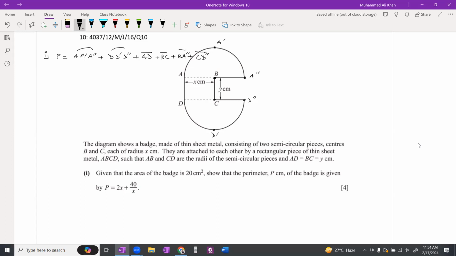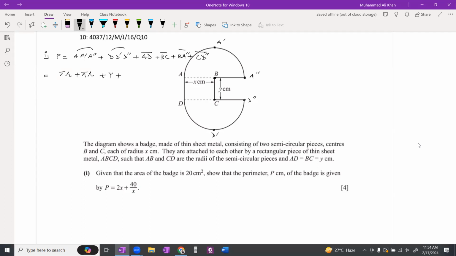So now, for the semicircle, perimeter will be 2 pi r divided by 2. It is pi r, but we have two semicircles. So 2 pi r divided by 2 is pi r for the first, 2 pi r divided by 2 is pi r for the second curve. Plus what is AD? AD is y.